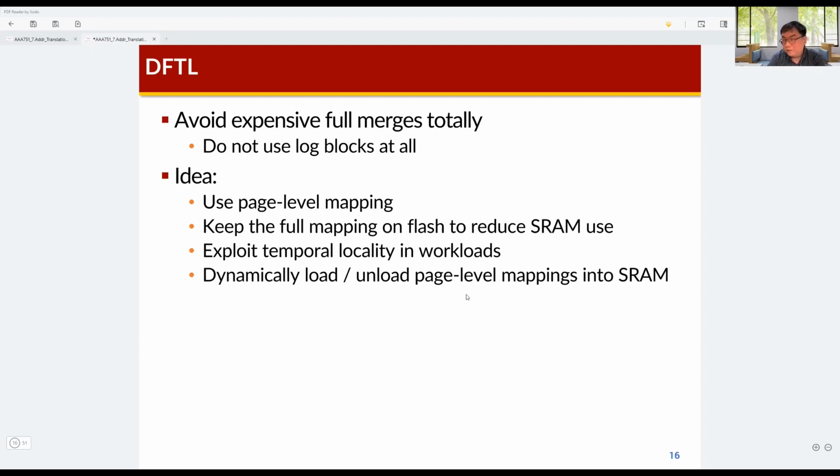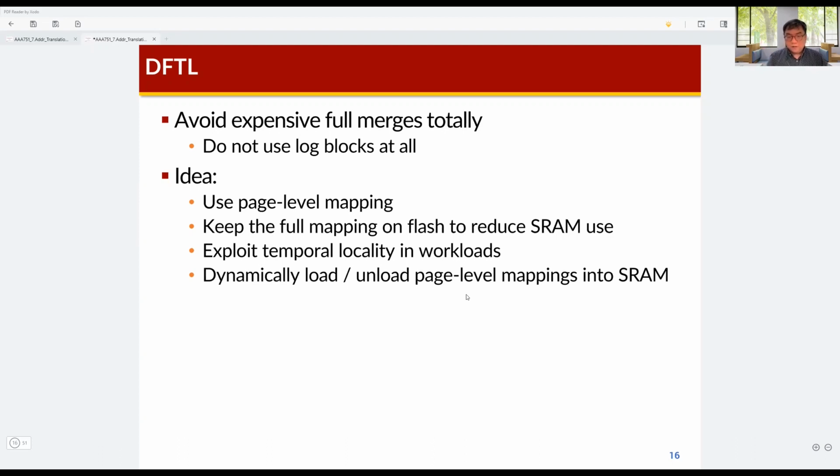And in order to tackle these issues, we can apply some very fancy ideas that use the hybrid mapping mechanism, but you already know that the page level mapping mechanism is better for random writes, and the hybrid FTL is actually designed to handle random writes.